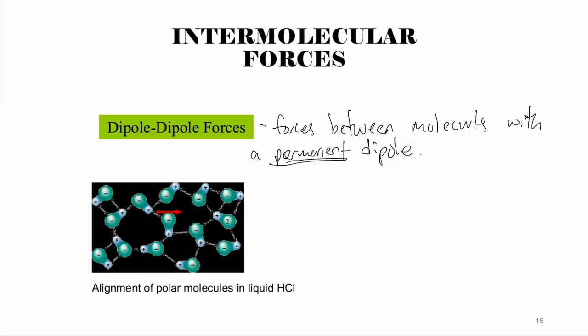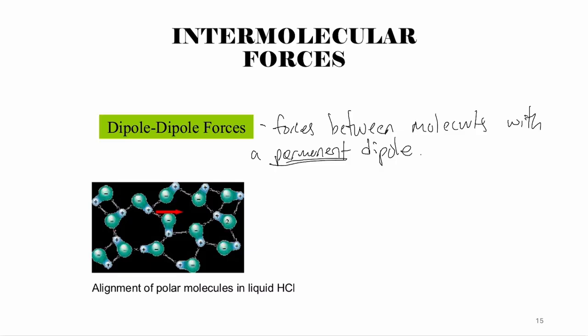And so what else can we determine if we have a permanent dipole? What is another way of saying we have a permanent dipole in the molecule? Yeah, is it a polar or a non-polar molecule, right?